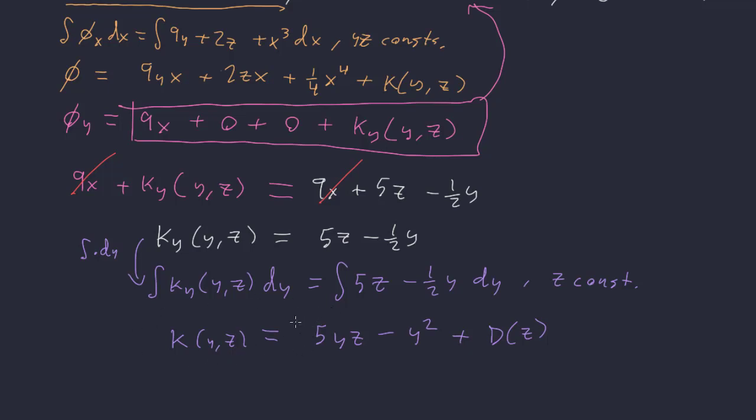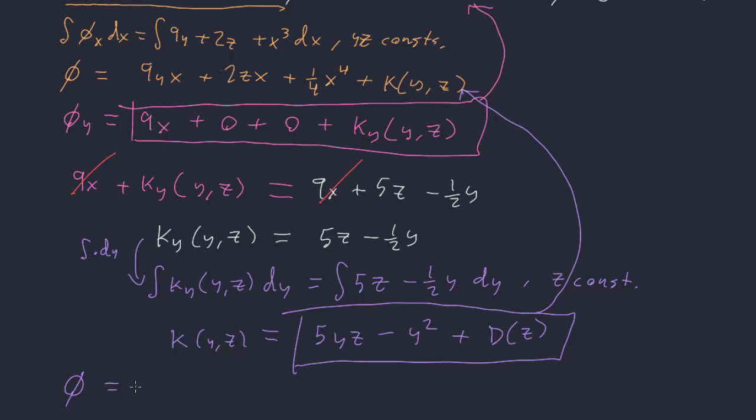Right, so if we take this k of yz that we just found and plug it back into our phi, we get a new phi that's equal to, I'm going to reorder this a little bit, 9xy plus 2xz plus 1/4 x to the 4th, and plus what we got here for our k: 5yz minus y squared plus d of z.